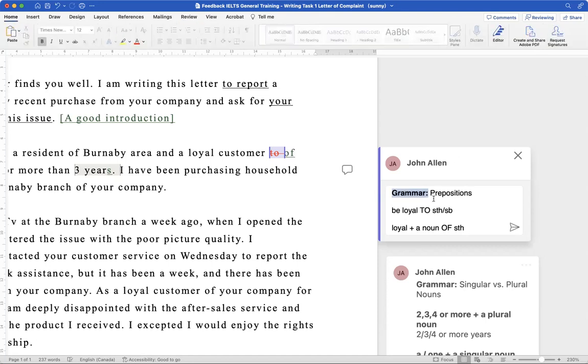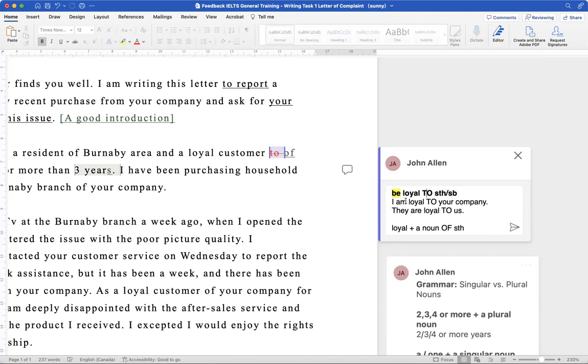Here's an example. You can say, I am loyal to your company. They are loyal to us. In these examples, we use be loyal to. Here we have the be structure.